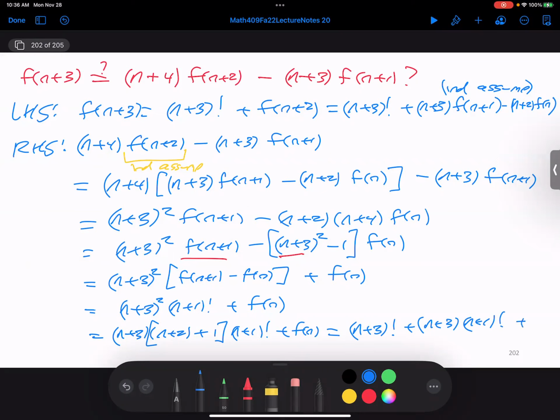Oh, sorry. Right, n plus 3 times n plus 1 factorial plus fn. Does everyone see how I get to this? How should I write n plus 3?